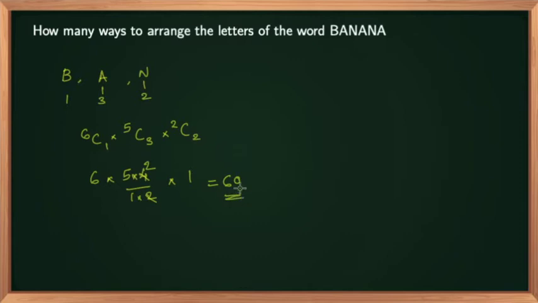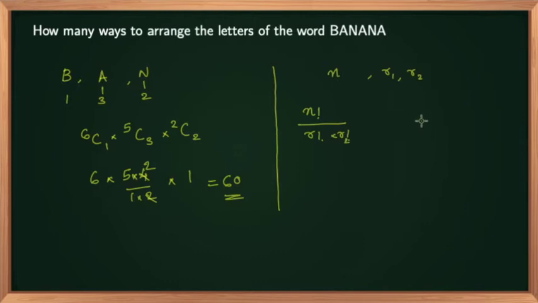Okay. Now you can do it in another way also. If you have n items which can be arranged, out of which r1, r2 are the numbers of repeated items, then you can do it as n factorial divided by r1 factorial into r2 factorial, right?